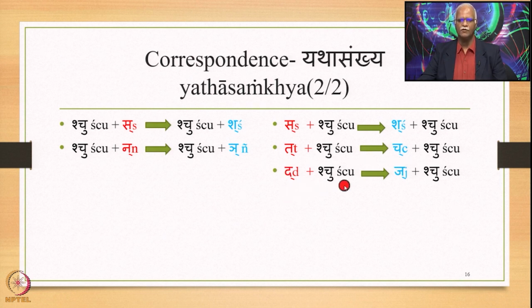Similarly, if we have da followed by chu, da will be substituted by j, which is the third consonant in the cha varga. So there is correspondence between da, which is at the third position, and j, which is also at the third position. Ta is at the first position and ch at the first position, but this correspondence does not exist between the sthani and the nimitta, or the adesha and the nimitta.